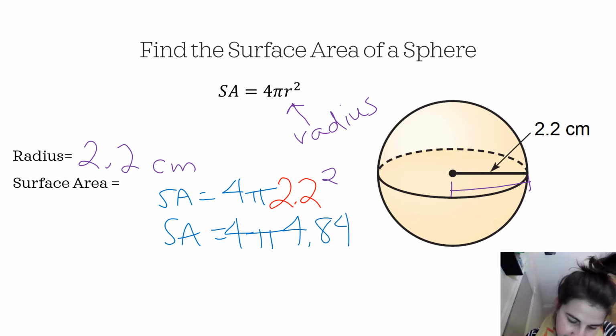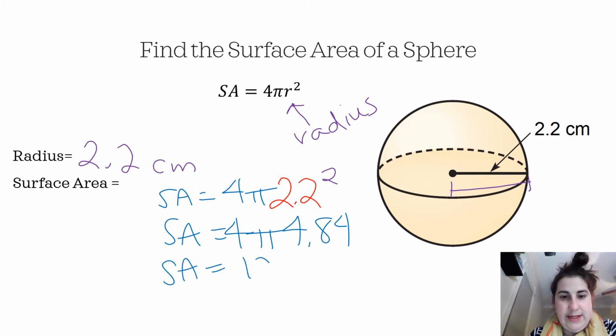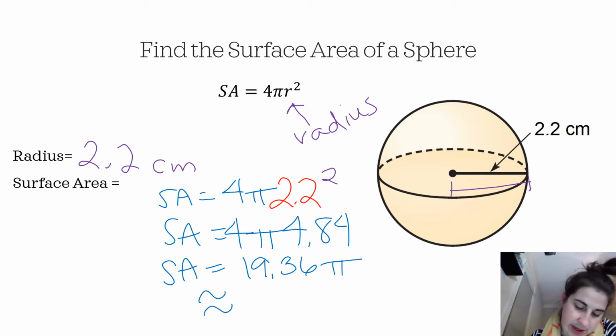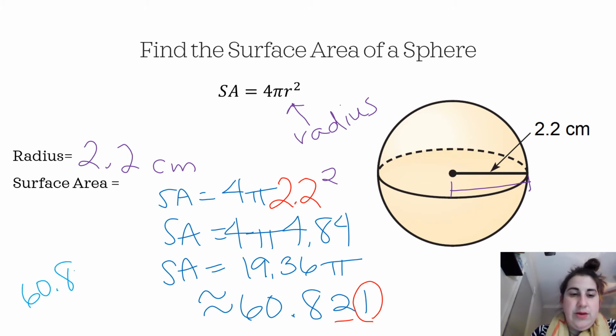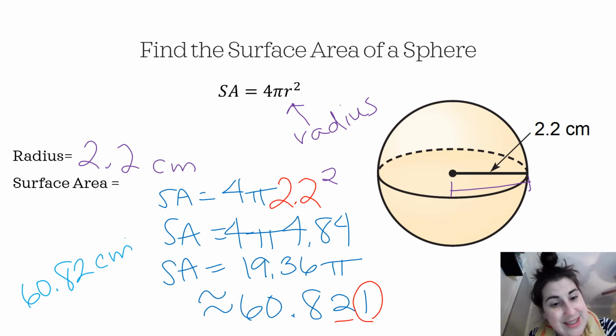I multiply that by 4 and I get 19.36 pi. Now I put that in the calculator and multiply it by pi, and I get 60.821. If we're rounding to the nearest hundredth, the 1 tells it to stay the same. So I have 60.82 centimeters squared, since it's area.